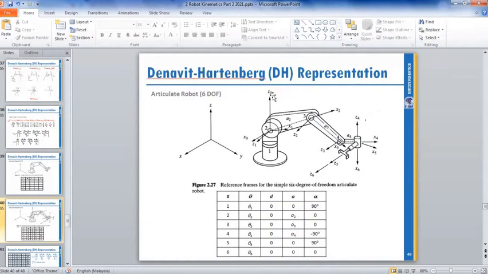That's why frame 0 is vertical and frame 1 is horizontal. Because of how the joint connects here, your z should be horizontal.